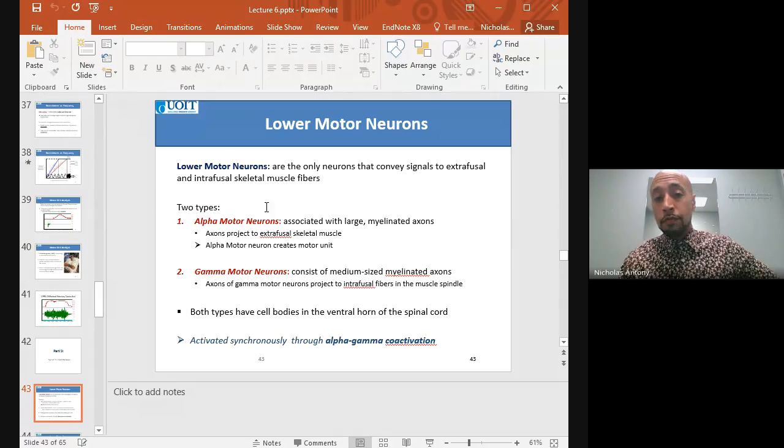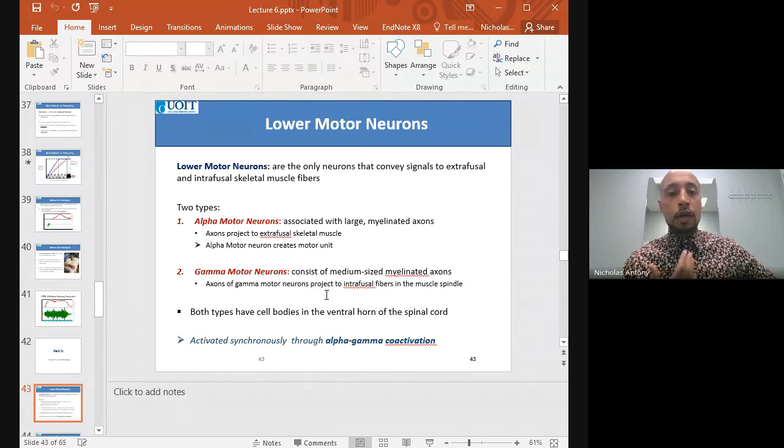The alpha motor neuron goes from the gray matter of the spinal cord out to the muscle fibers specifically, whereas the gamma motor neurons go to the proprioceptors of the muscle spindles. So they're going from the spinal cord out to the muscle spindles of a particular muscle fiber. Do you guys remember alpha gamma coactivation from the previous lecture?